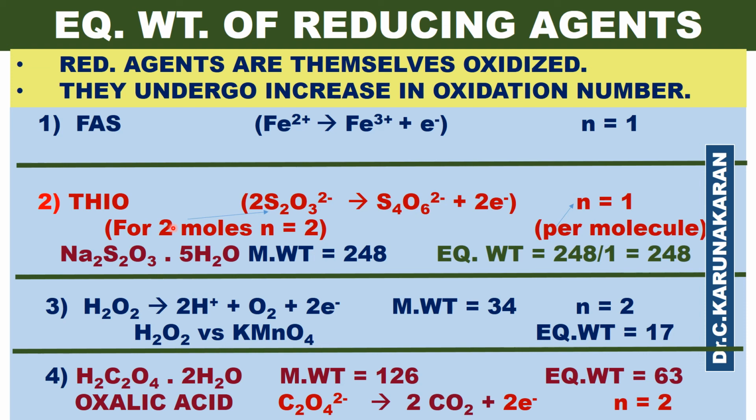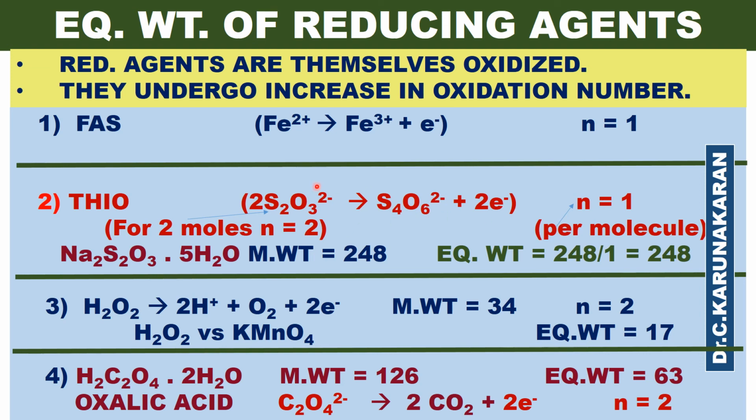And sodium thiosulfate pentahydrate has molecular weight equal to 248. Sodium thiosulfate is ionized, S2O3 gives S4O6 2 minus, with 2 electrons. So 2 electrons are involved in this reaction for 2 moles, so N equals 2 for 2 moles.